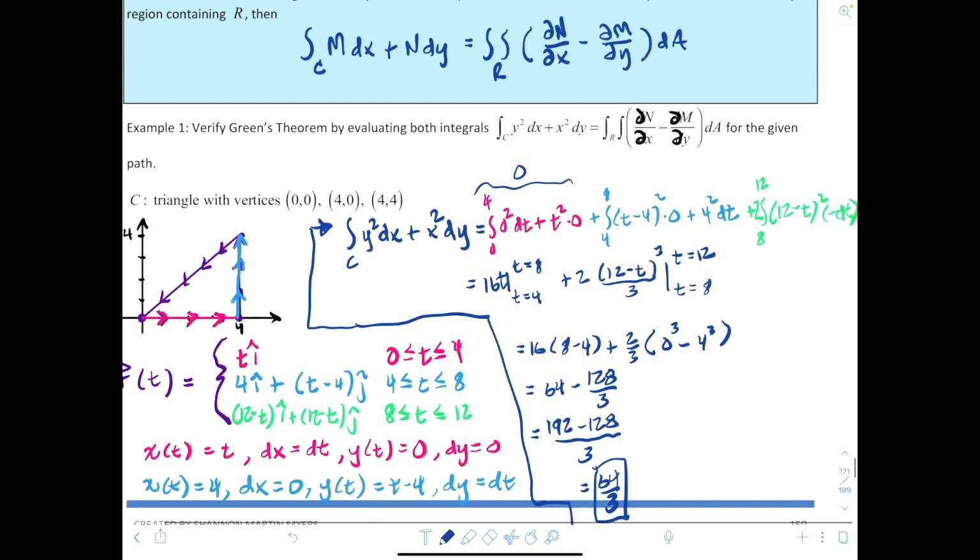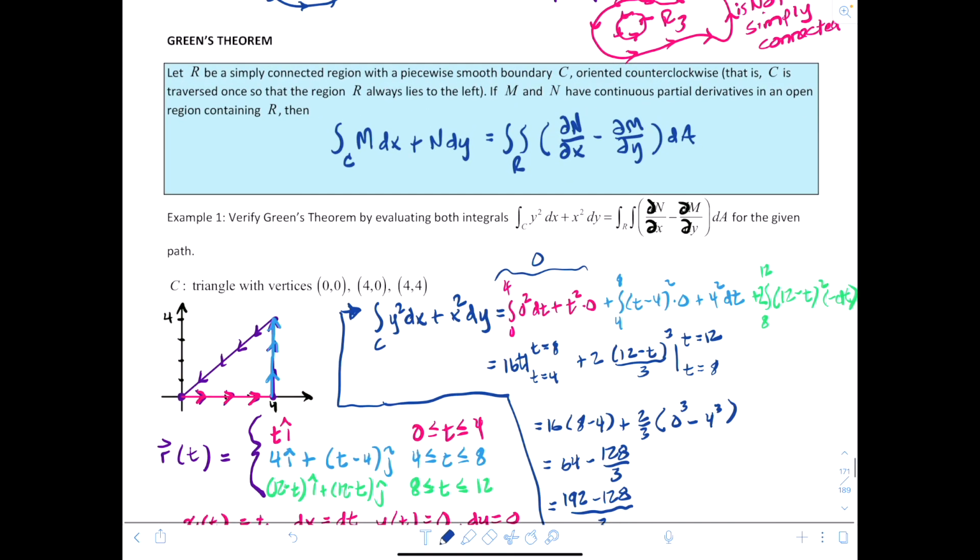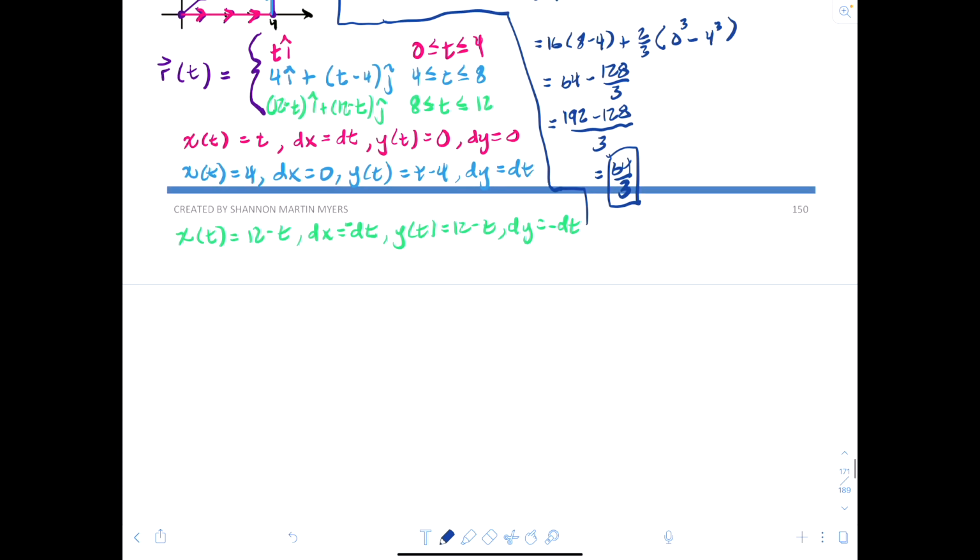And now this new way basically says, if you meet all these requirements, then you just need to find the first partial of n with respect to x, subtract from that the first partial of m with respect to y, and do it over your region R, that simply connected region. So let's take a look at what we would do using Green's theorem.